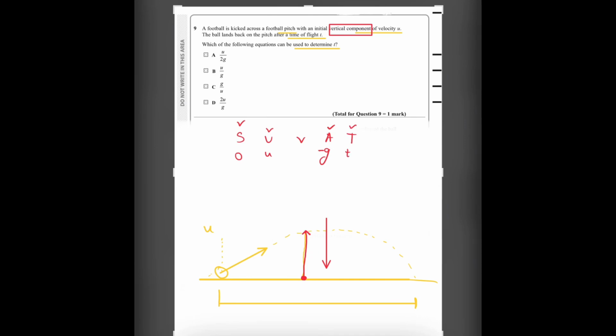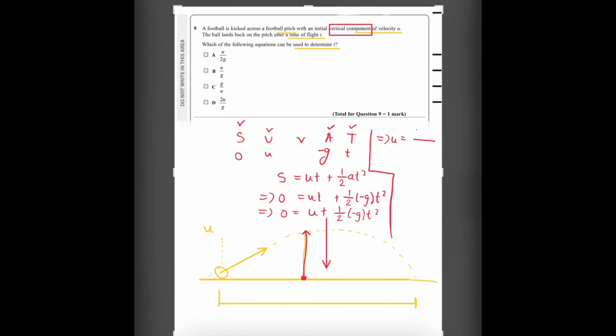So the equation linking s, u, a and t is s equals ut plus half at squared. So s is 0, so 0 equals ut plus half into minus g t squared. If we take t common, we will have u minus half g t squared, so u equals g t squared by 2.